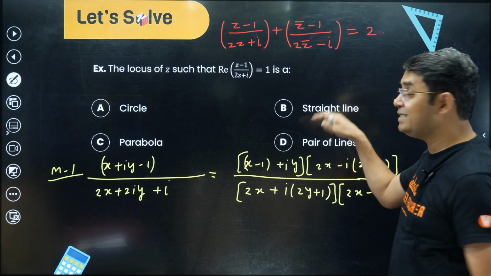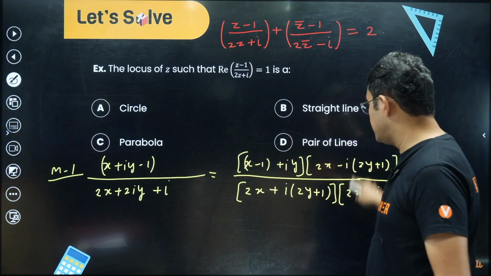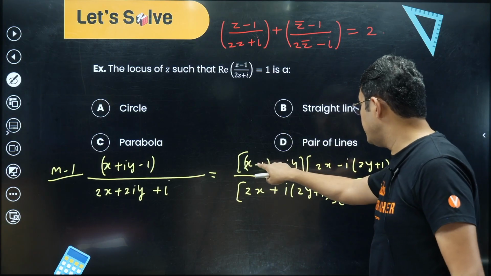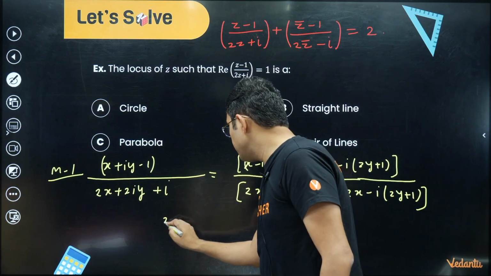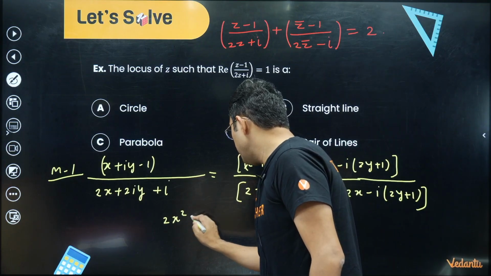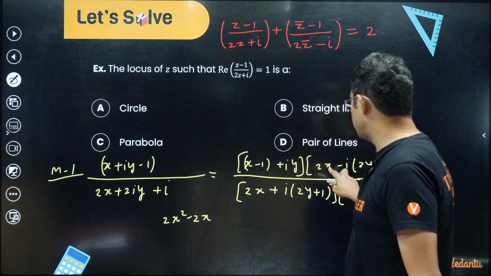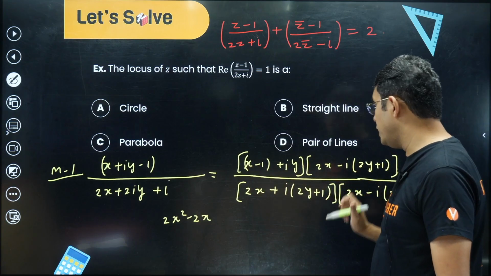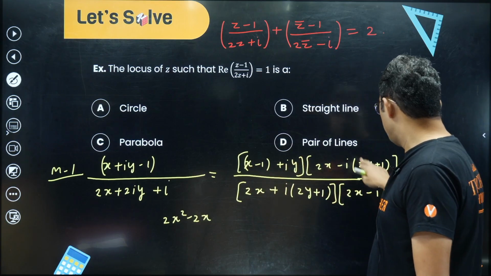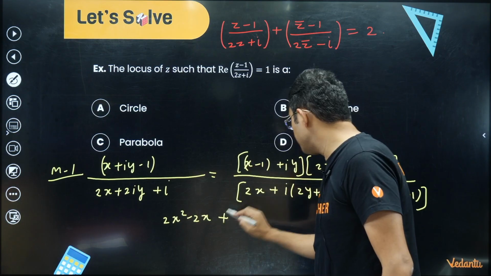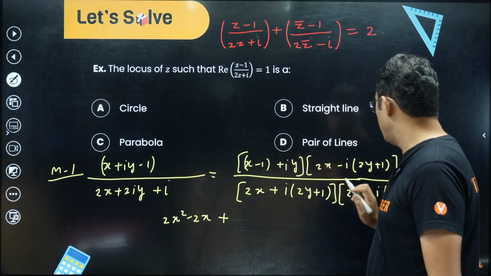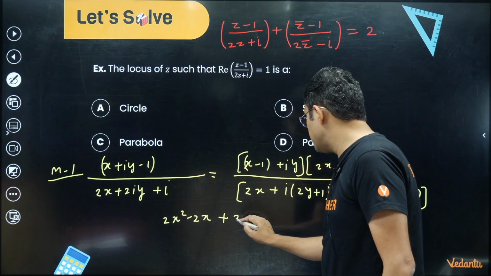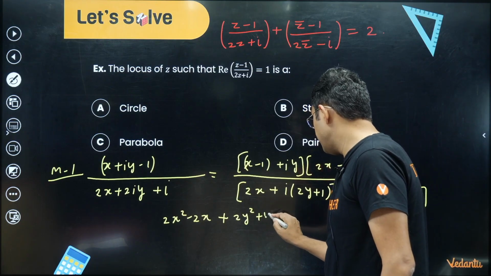Now what is the real part of this thing, and where will the real part come from? When real number is multiplied with real number, it will be 2x square minus 2x, since the (x minus 1) bracket is multiplied with 2x. Also when iota y is multiplied with this thing, minus minus plus, because iota into minus iota will be plus 1, so it becomes 2y square plus y.